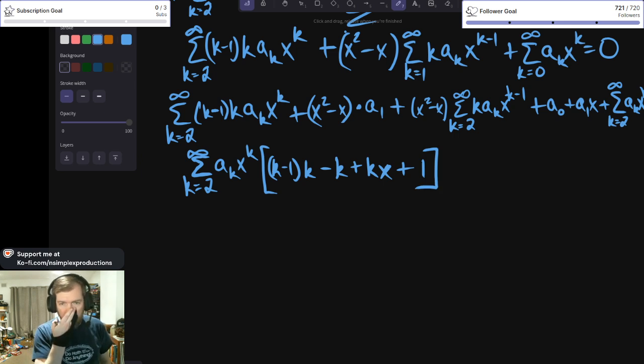Then we have the extra pieces that are laying around. So we have an a sub 0, we have an a sub 1 multiplied by both an x and also a negative x and also an x squared.